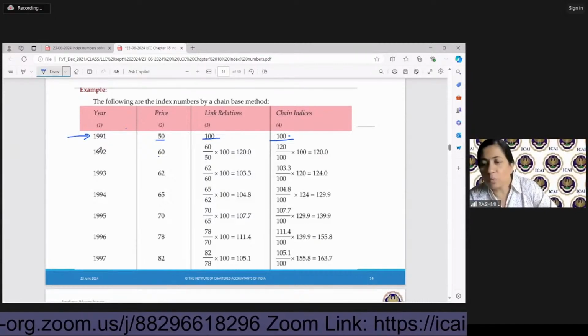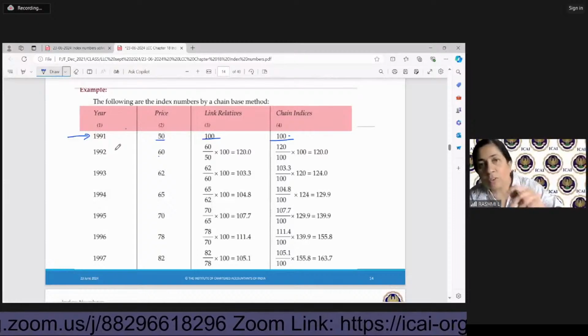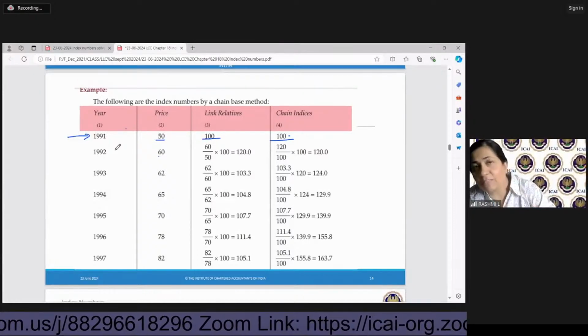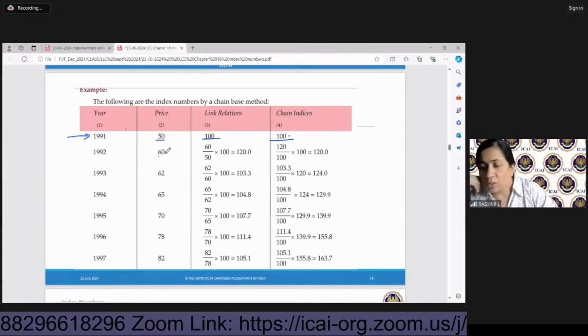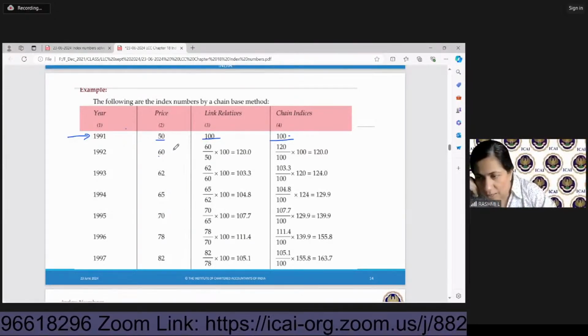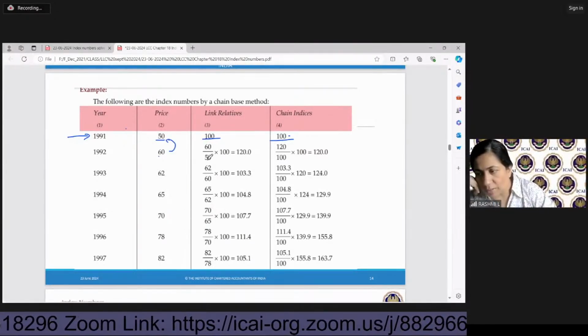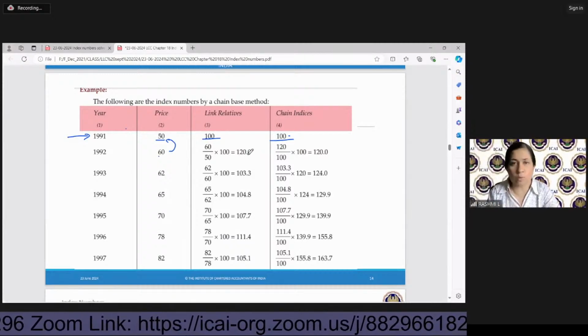Now in 1992, we first find the link relative and then connect it to form the chain index. So 60 upon 50 into 100. How much am I getting? 120.